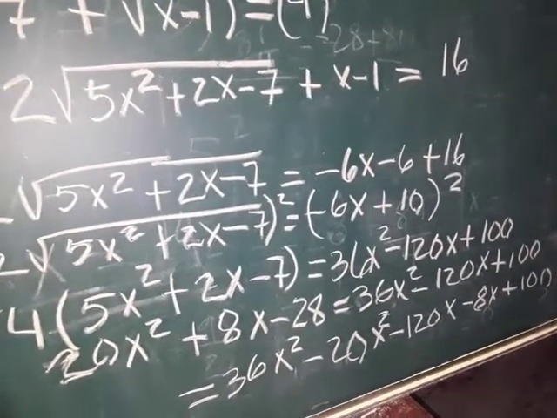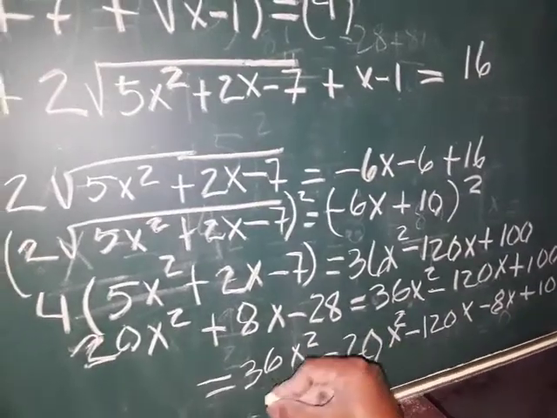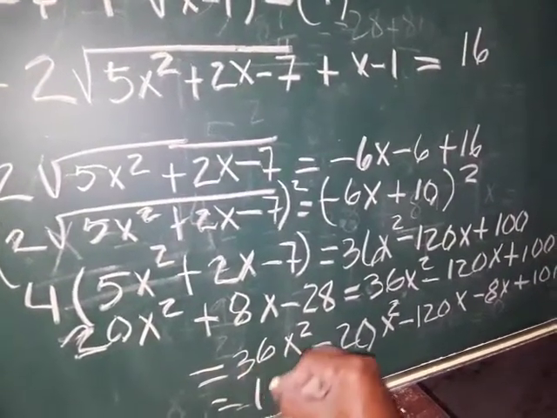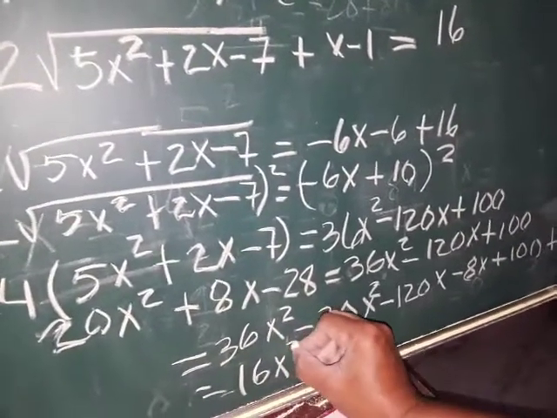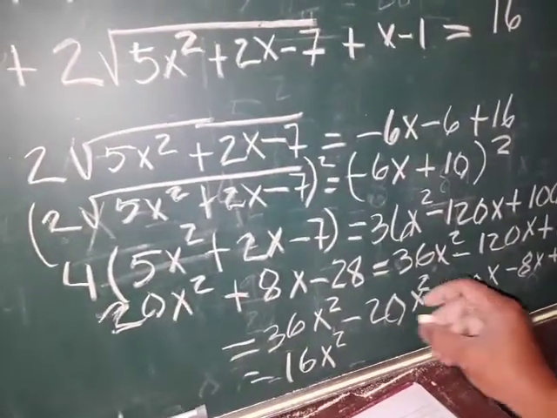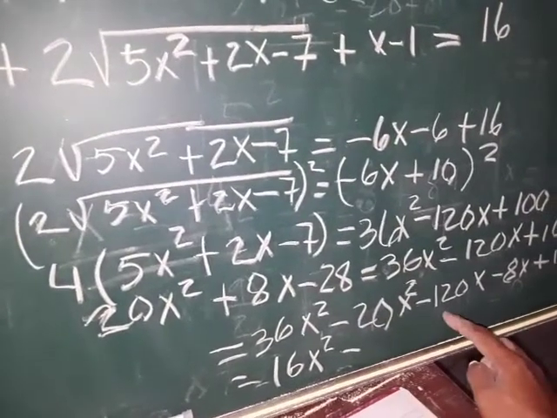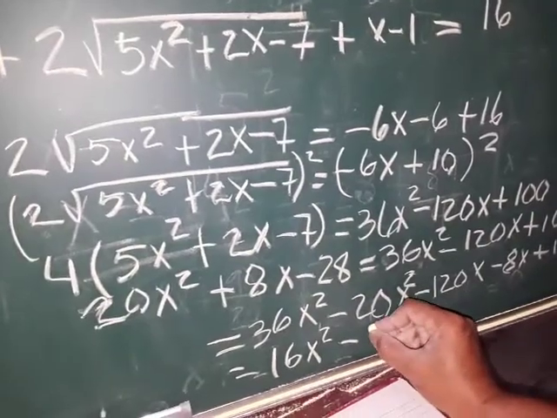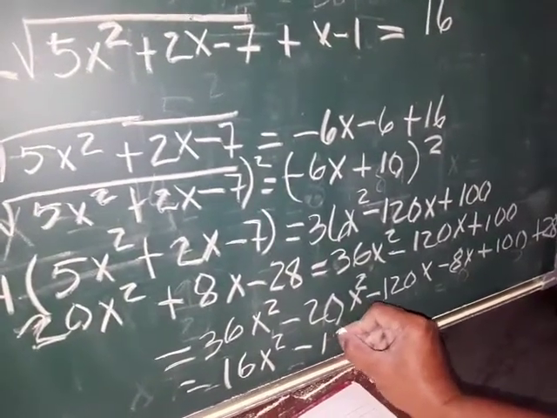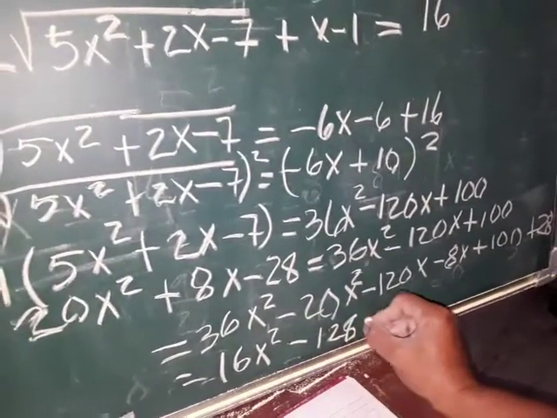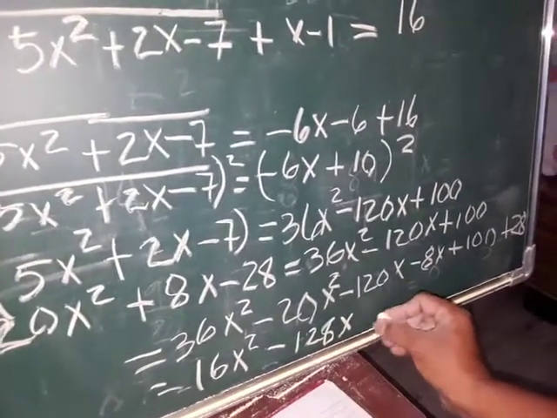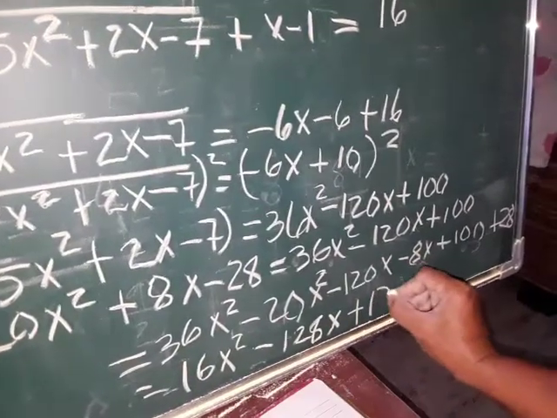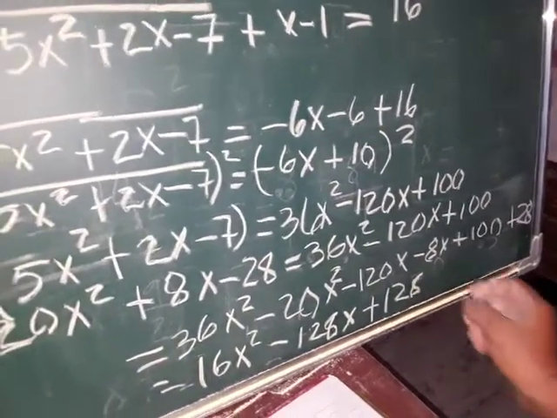Next, the final answer is we have 36x squared minus 20x squared equals 16x squared, minus negative 120 minus 8x. So the same sign, copy the sign and then add. Becomes 128x. Then 100 plus 28, the same sign, copy the sign and then add, 128.